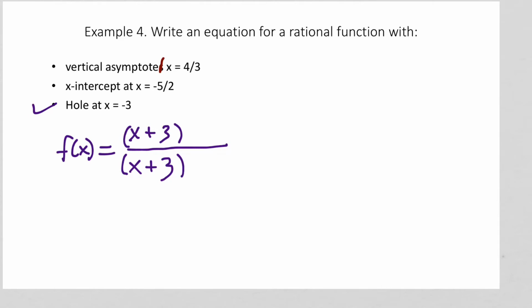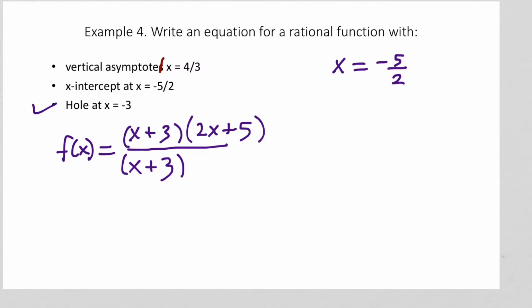All right, so there's our hole. It has an x-intercept at x is equal to -5/2. So remember, when you've got a fraction like that for an x-intercept, then you've got 2x plus 5. Now, if you forget which of those two numbers goes first, write out your x-intercept like this, and then set it equal to 0 by solving.